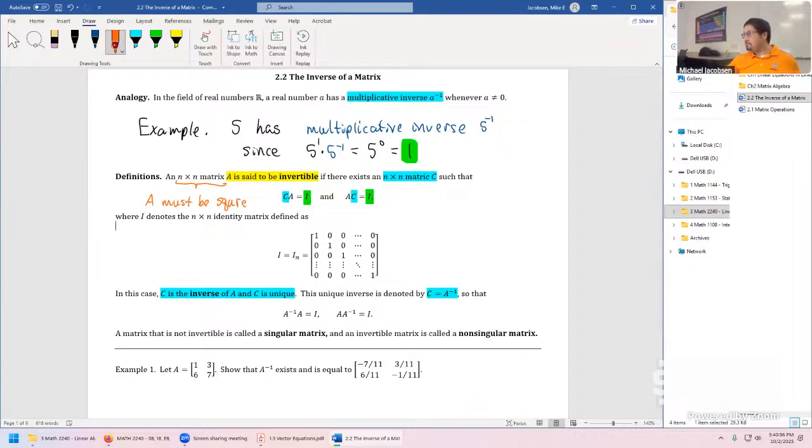But if you look into this further on, if you previewed section 2.3, you might already know a matrix will commute with its inverse, and that's just one exception. When it comes to the core definition, though, you have to say it this way, because that's a theorem that has to be proved later on, that C times A would be equal to A times C whenever you have the inverse.